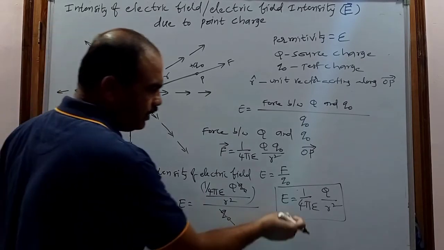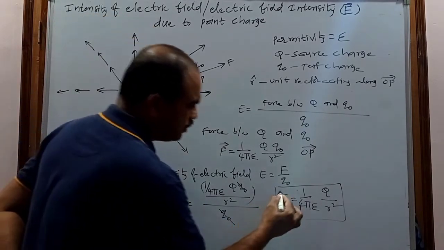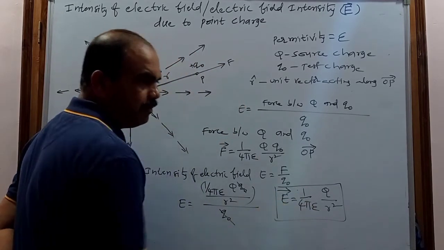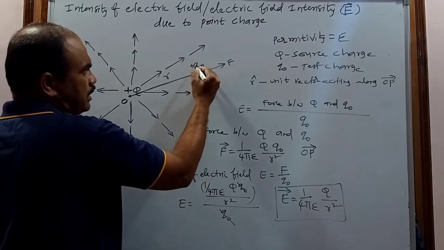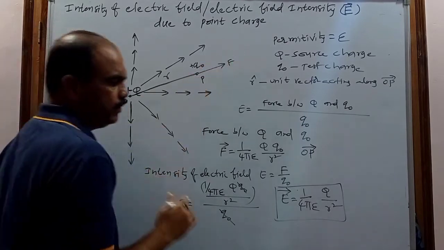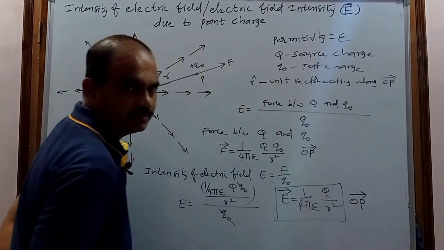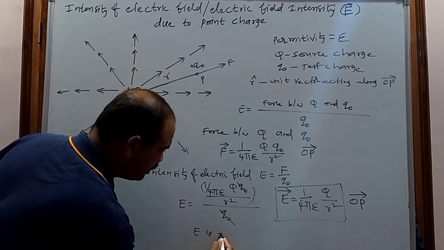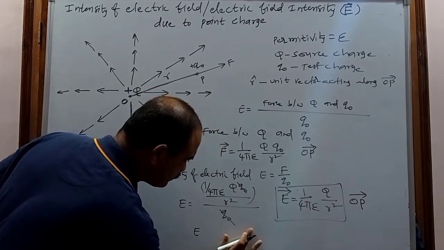But electric field intensity is also a vector. So it can be represented with E bar. It also acts in the direction of the force. If the test charge is positive, in which direction is the force acting? O to P. So it also acts in the OP bar direction.